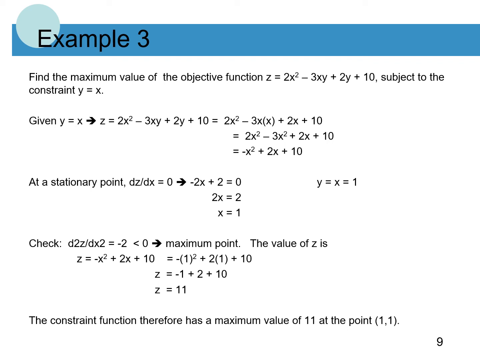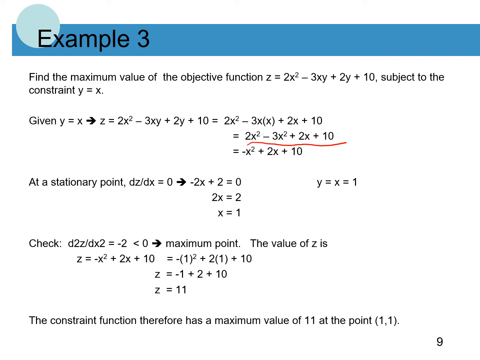Therefore we have here z is equal to 2x squared minus 3x times x, then plus 2 times x, then plus 10. Okay, therefore we have 2x squared minus 3x squared plus 2x plus 10. Then we simplify into negative x squared plus 2x plus 10.